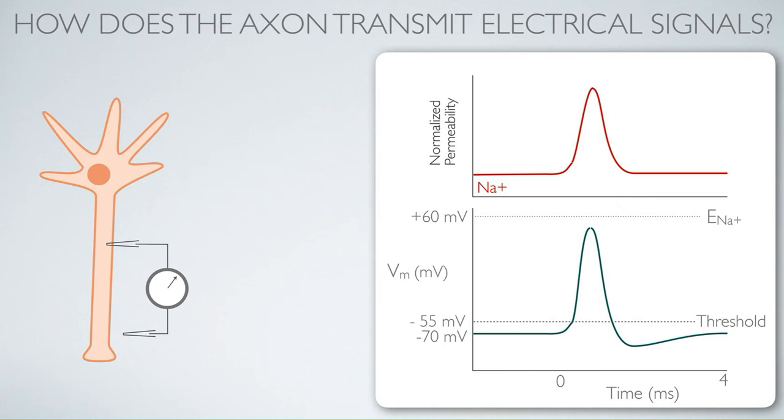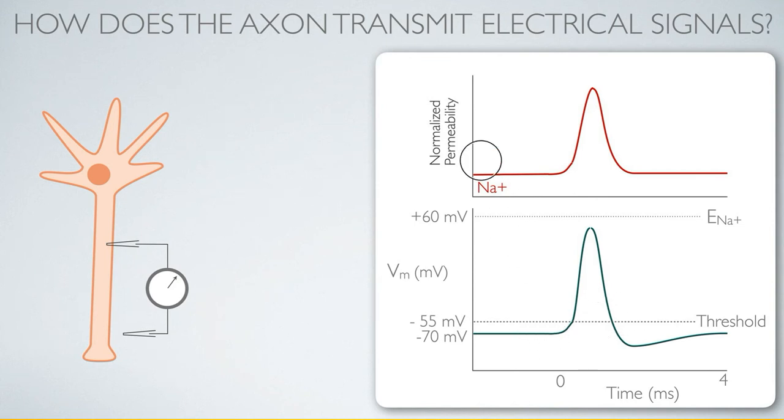I've also added this threshold value because we noticed there was a change in the slope, and that occurred right at minus 55 millivolts. We'll talk about that later, but that's characteristic of action potentials as well.